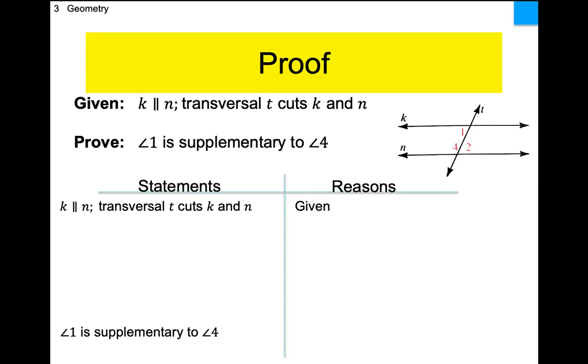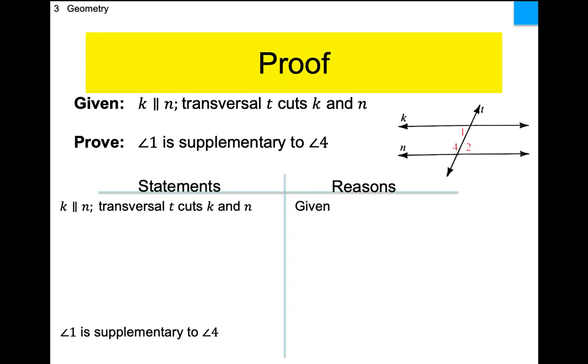So if they make a straight line, what can I write? I could write that they're supplementary. There's one statement. I'm going to give you another hint. Okay, great. What does that mean? And by the way, what you just said is fine. We're just going to do a shortcut. Instead of just saying they're supplementary, we're going to make one extra statement. If they're supplementary, what does that mean? Now tell me what to write.